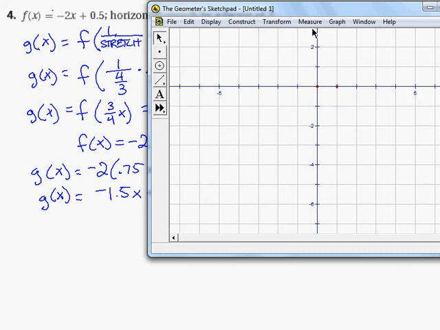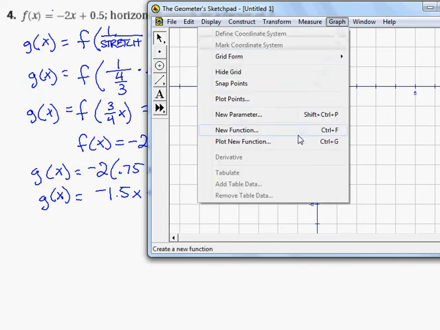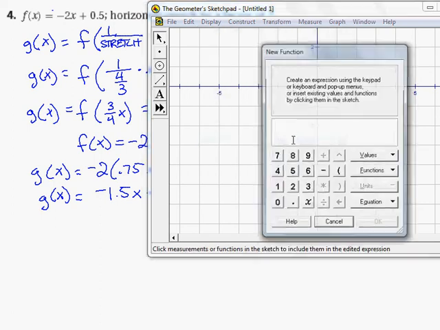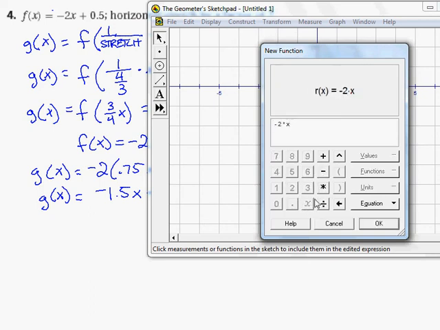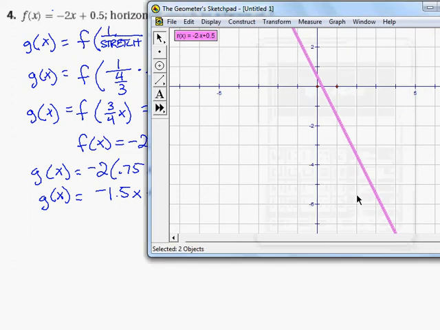Alright, if I go ahead and graph the original function, negative 2 times x plus 0.5, that's what it looks like.